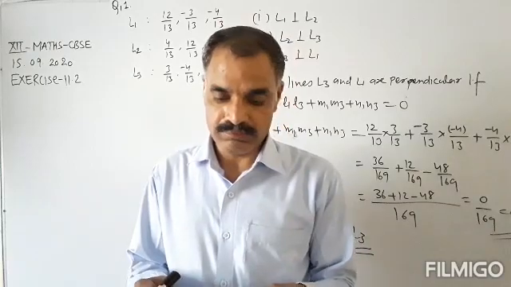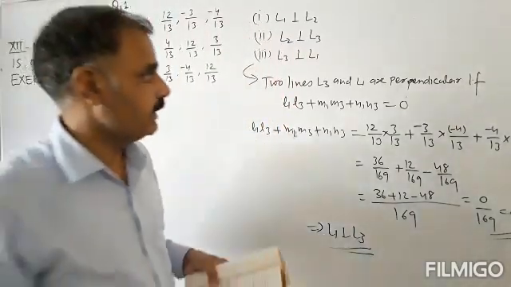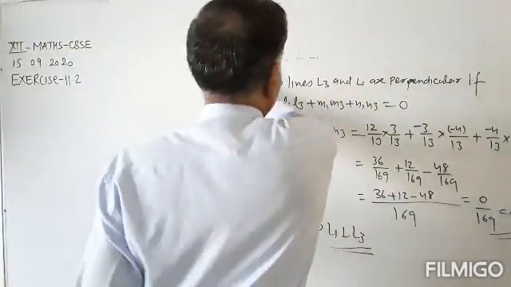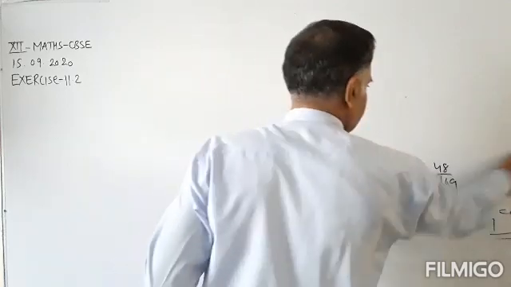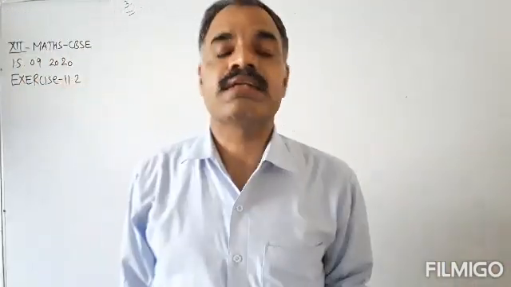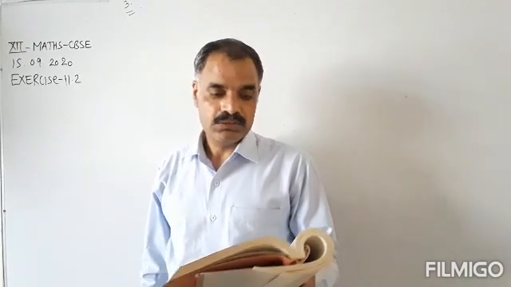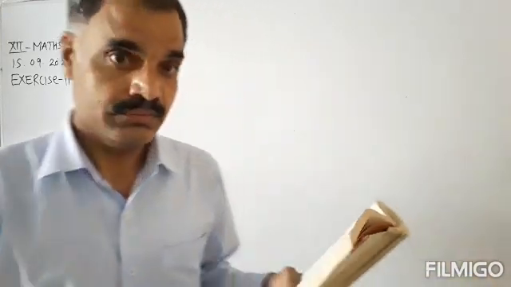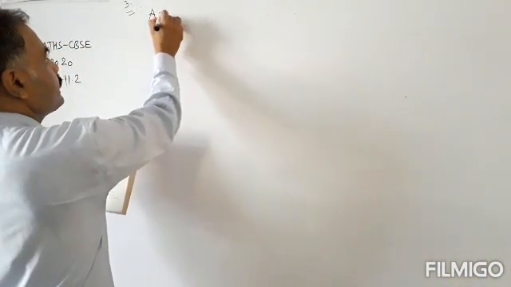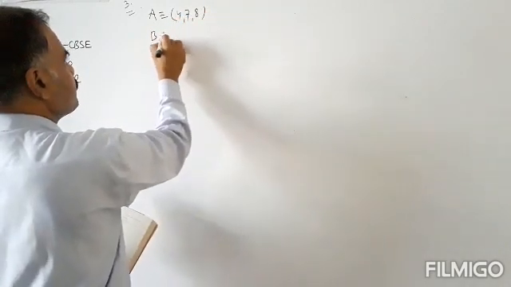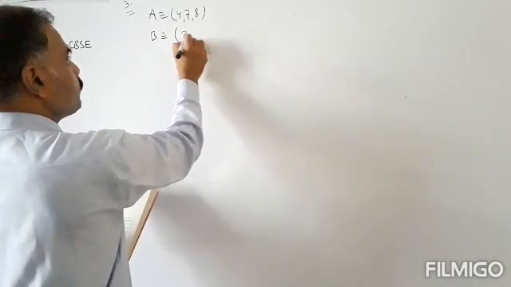Now we have to solve question number 3 of the same exercise, 11.2. I am reading the question: show that the line through the points A and B is perpendicular to the line through the points P and Q. A is given as (4, 7, 8) and B is given as (2, 3, 4).